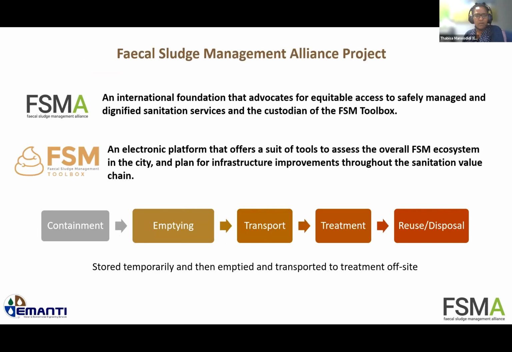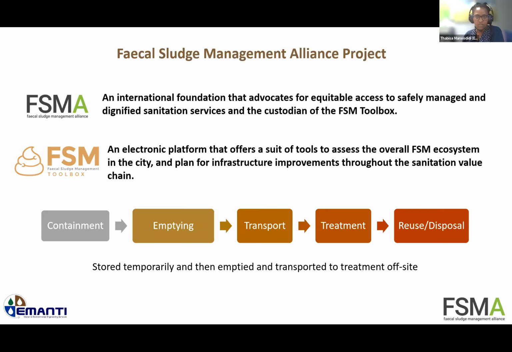Just on the background, the Fecal Sludge Management Alliance project, just like the few definitions which I think Eva has also touched on. FSMA is an international foundation that advocates for equitable access to safely managed and dignified sanitation services and custodian of FSM Toolbox. And the Toolbox itself is actually an electronic platform that offers a suite of tools, as has been indicated earlier, to assess the overall FSM ecosystem in the city and plan for infrastructure improvement throughout the sanitation value chain.